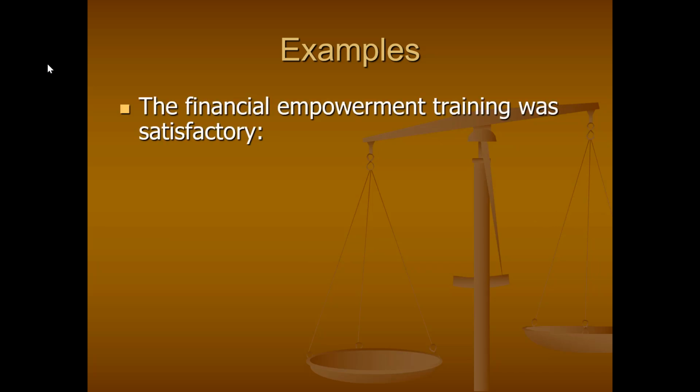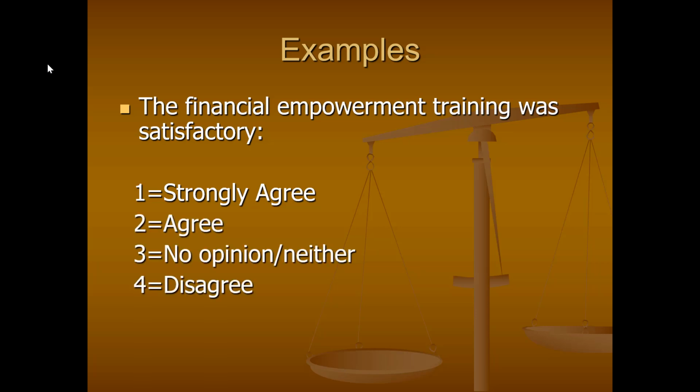Last example. Let's say I'm measuring satisfaction with the financial employment training. I'm asking the trainees about their level of satisfaction. So I'm asking them whether they think the training was satisfactory. 1 is strongly agree, 2 is agree, 3 is no opinion, 4 is disagree, and 5 is strongly disagree.